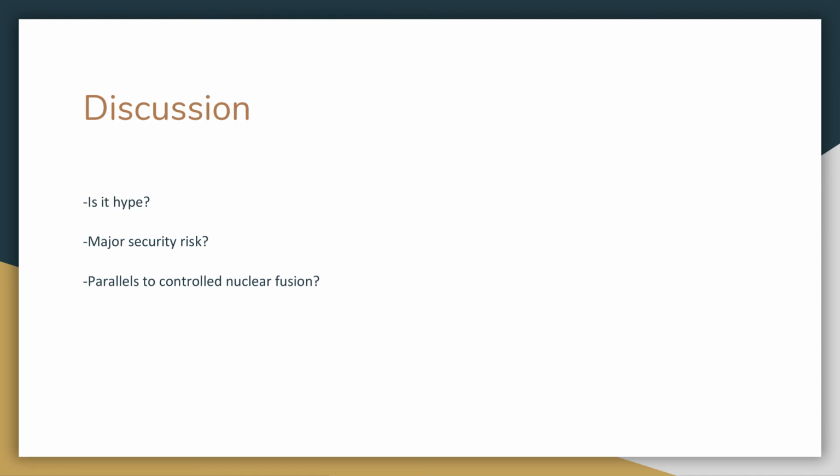Can you explain what you meant by its application to nuclear fusion? Yeah, so the parallel: nuclear fusion and quantum computing have both been technologies that have been touted, or hyped up, since the 1960s. They both have these devil-in-the-details problems.